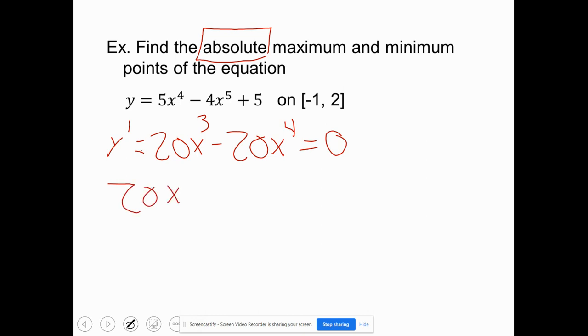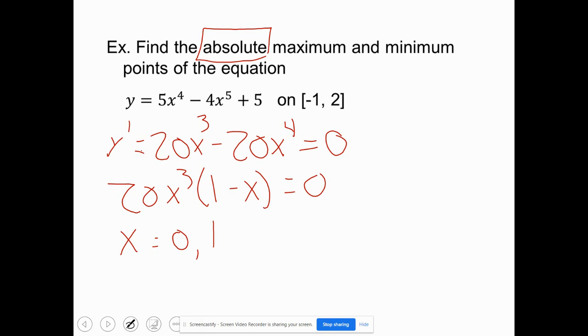This should look familiar since it was in that last lesson. We got x equals 0 and x equals 1. Slope is equal to 0 at x equals 0 and x equals 1.